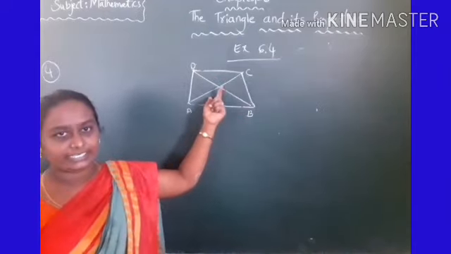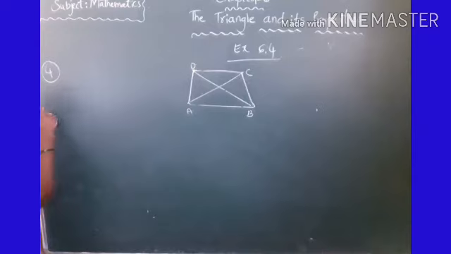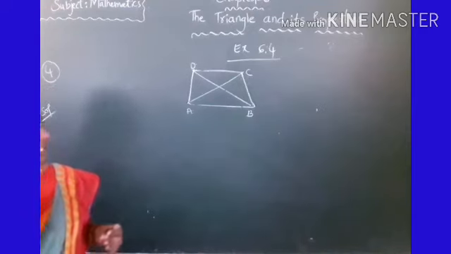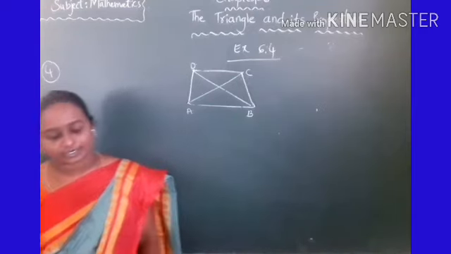Now we have to know the property of a triangle, that is, the sum of the lengths of two sides of a triangle is greater than the third side.